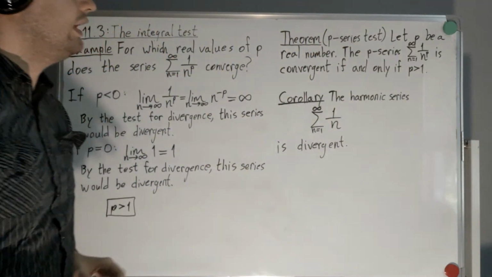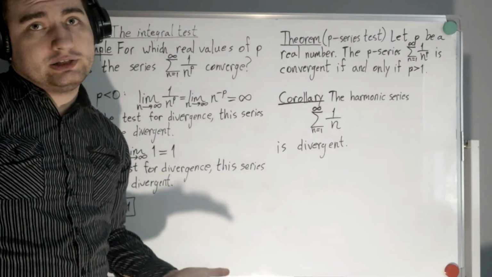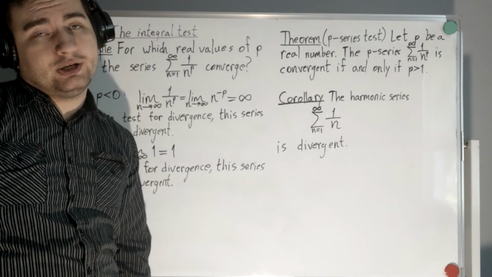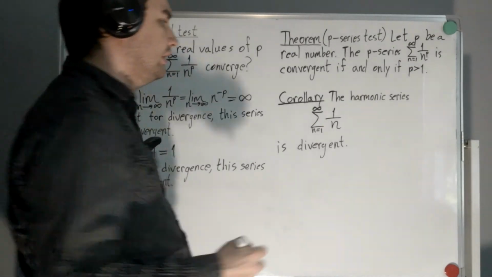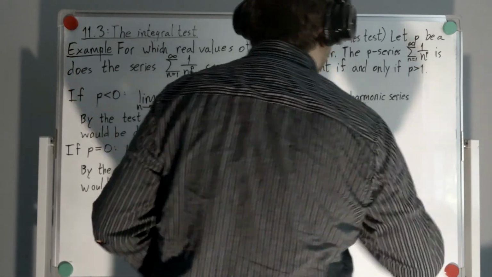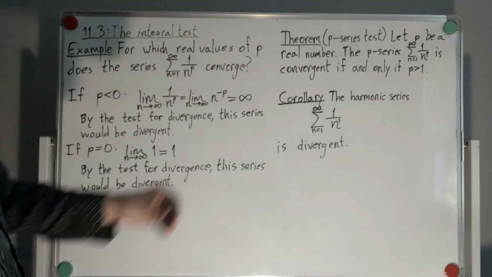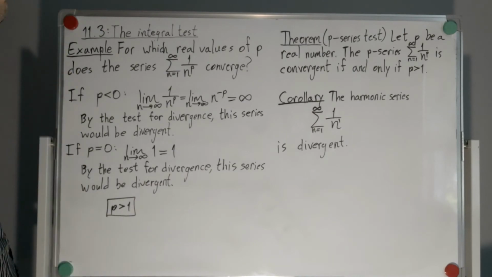I mentioned that in the last lecture, but now this is the reason why. The harmonic series is divergent because it is the p-series when p equals 1. Right? This is 1 over n to the 1 right here. So, by the p-series test, it's divergent. Okay?